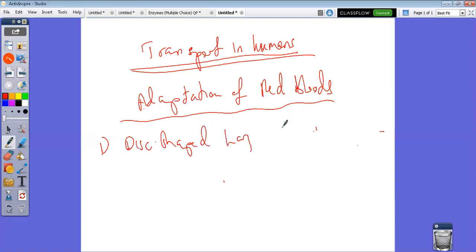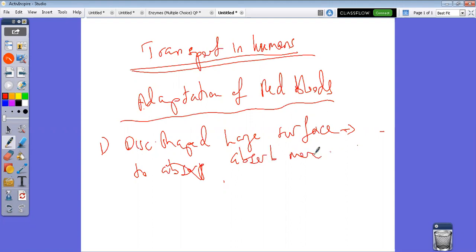Disc shaped, large surface area, so that they can absorb more oxygen. Clear?